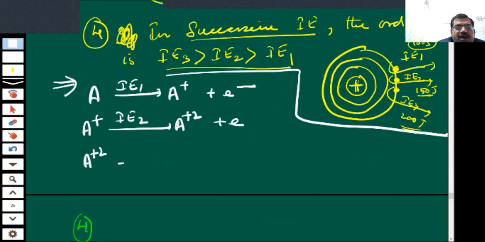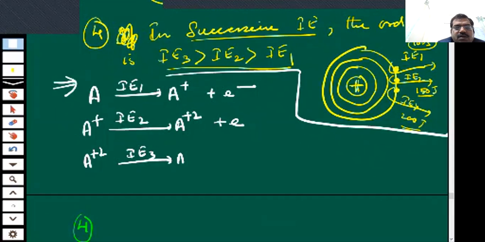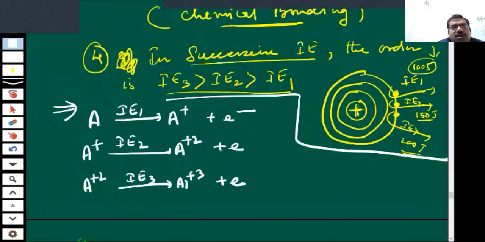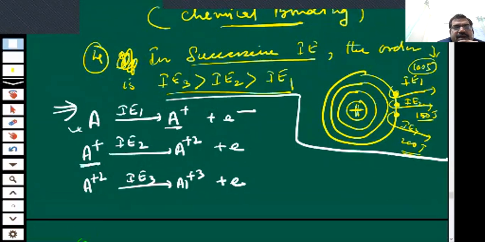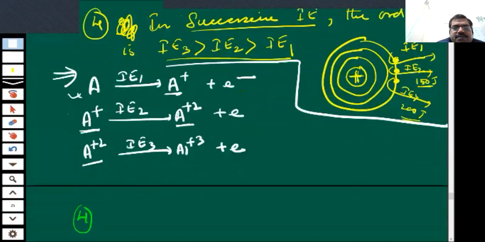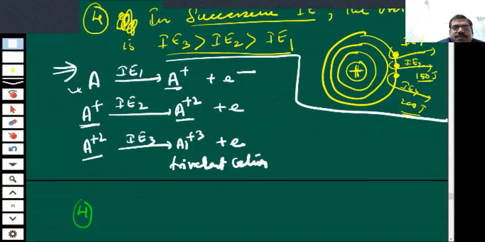And again, if you are trying to remove an electron, you have to give IE3. So this is the thing. If you remove an electron from an atom, it will become a cation. If you again remove an electron from the cation, it will become a divalent cation. If you remove an electron from a divalent cation, it will become a trivalent cation. Okay, children.